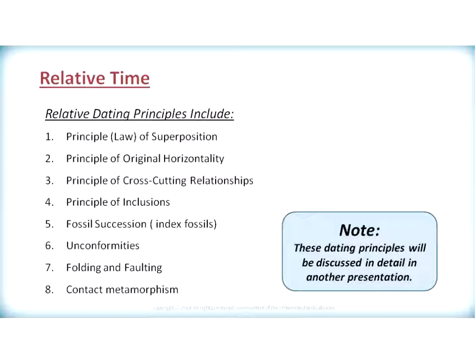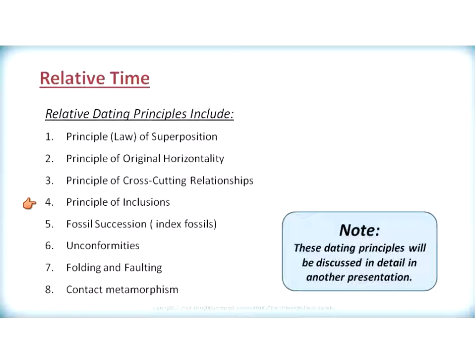Some examples of relative time include the relative dating principles. First principle would be the principle of or law of superposition. Second, the principle of original horizontality. Third, the principle of cross-cutting relationships.